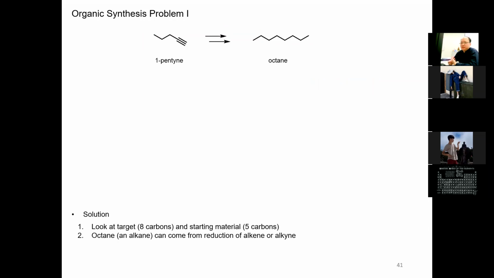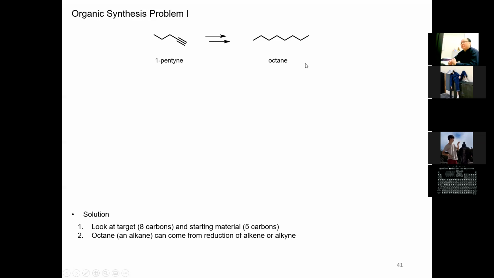First, you look at the target molecule. It's octane, right? It has 1, 2, 3, 4, 5, 6, 7, 8 carbons. How about the starting material? 1, 2, 3, 4, 5 carbons. So we are missing 3 carbons, right? Eventually we need to add 3 more carbons to the starting material.